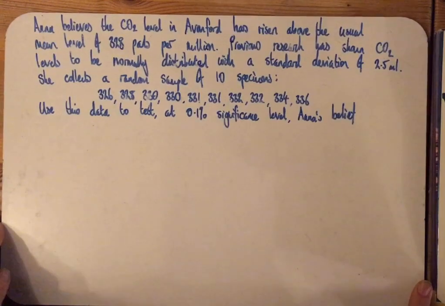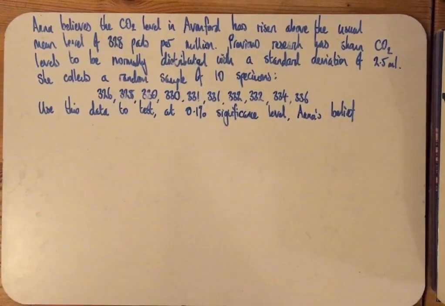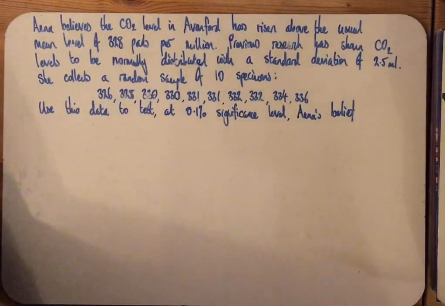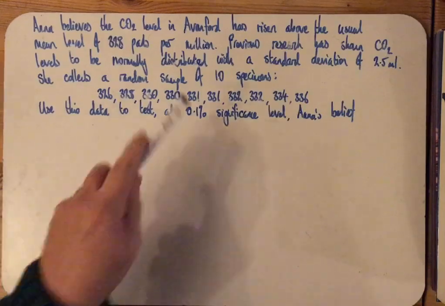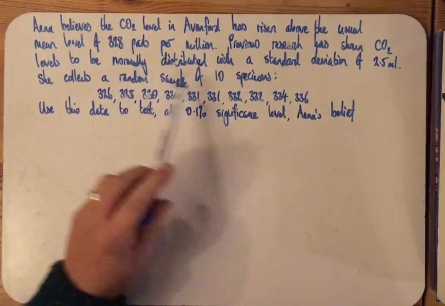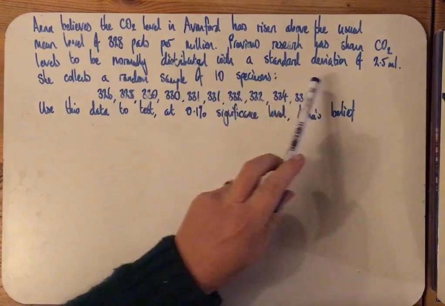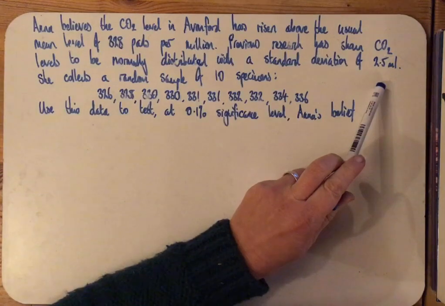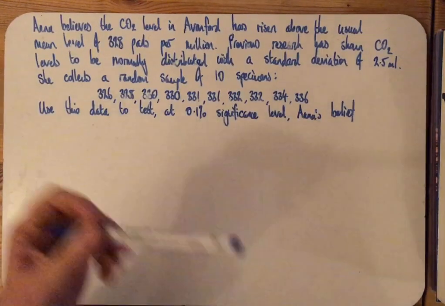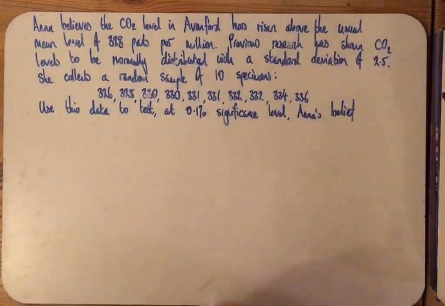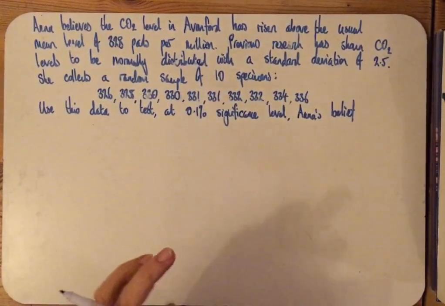So the first one: Anna believes carbon dioxide levels in Avonford have risen above the usual mean level of 328 parts per million. Previous research has shown carbon dioxide levels here to be normally distributed with a standard deviation of 2.5 parts per million.